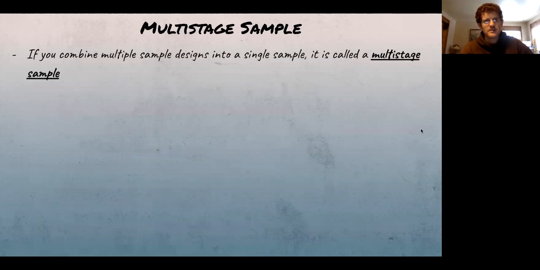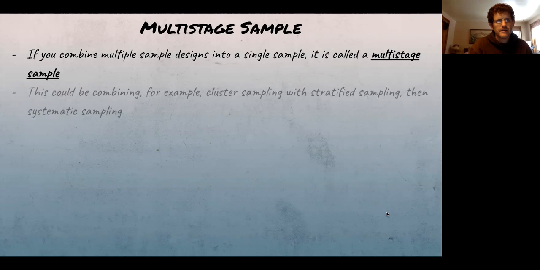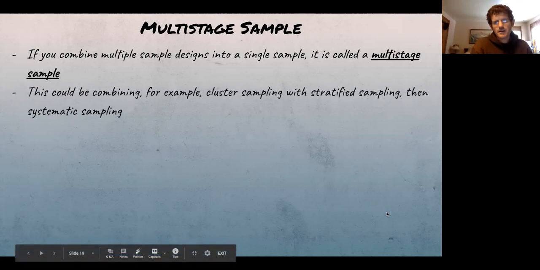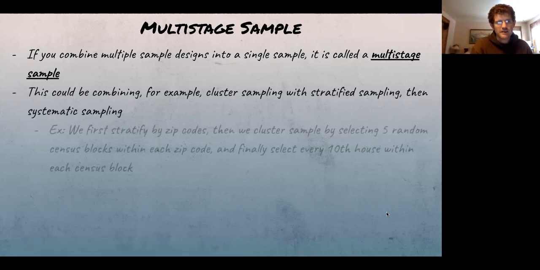So multi-stage right here. If you combine a lot of different sample designs into a single one, it's called a multi-stage sample. This is not very usual, especially at this level of AP statistics, but it could be more specialized later on. We could combine cluster sampling with stratified sampling and systematic.